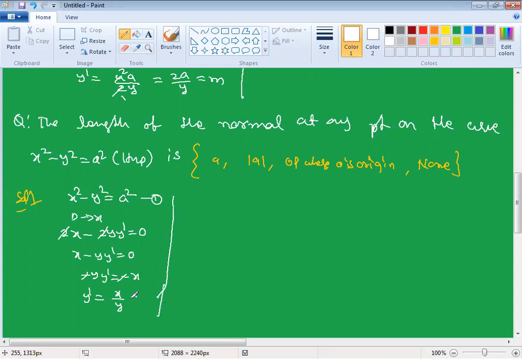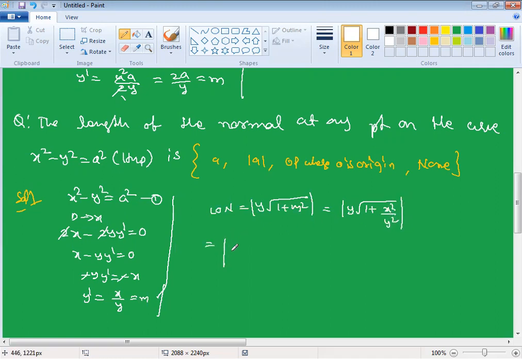We have m here. What is the formula? Length of normal is mod y root over 1 plus m square. M square is what? x square by y square, since m is x by y.